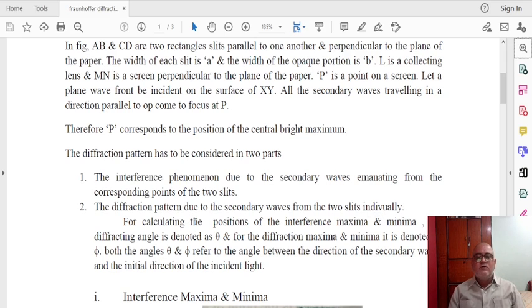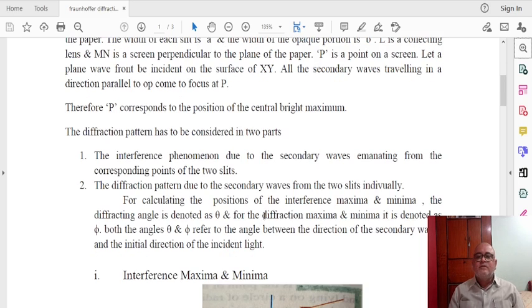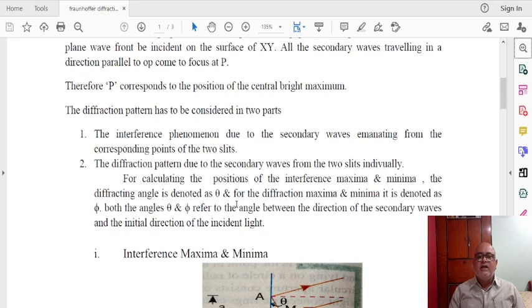Now, for calculating the positions of the interference maxima and minima, the diffracting angle is denoted as theta, and for the diffraction maxima and minima it is denoted by phi.